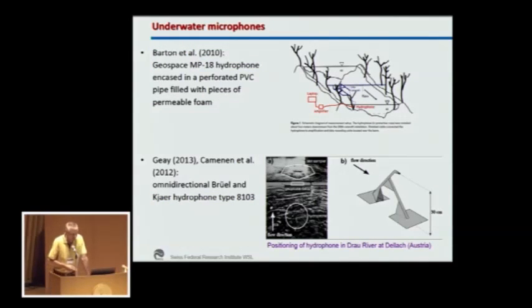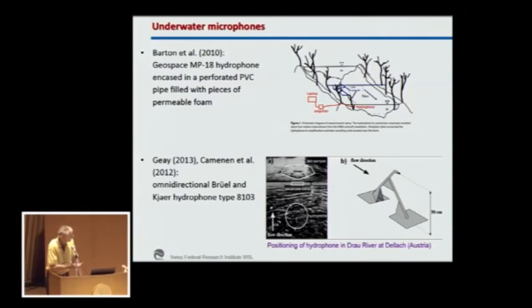The next type of sensors that have been used in the past in quite a few studies are the so-called underwater microphones. Actually, they are called hydrophones in these studies, but I tried to make some distinction from the Japanese hydrophones. That's why I call them underwater microphones here.